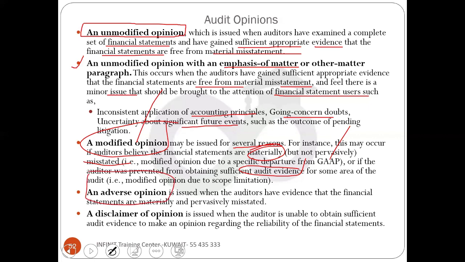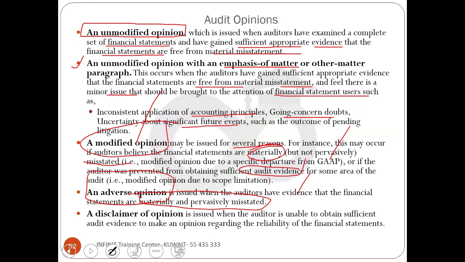The other opinion is an adverse opinion. This is issued when auditors have evidence that financial statements are materially and pervasively misstated. So they have the opinion that the statements are wrong, or there are errors, or there is corruption. Then they will issue an adverse opinion. Or they can also issue a disclaimer of opinion.